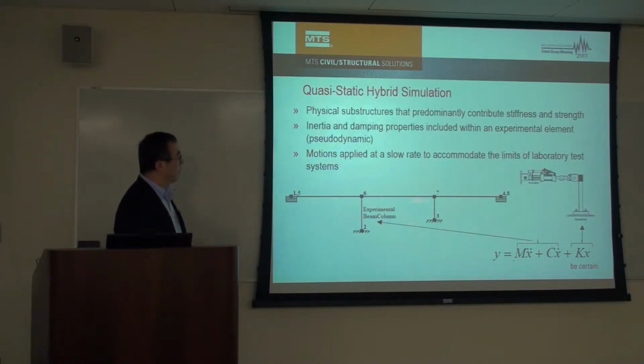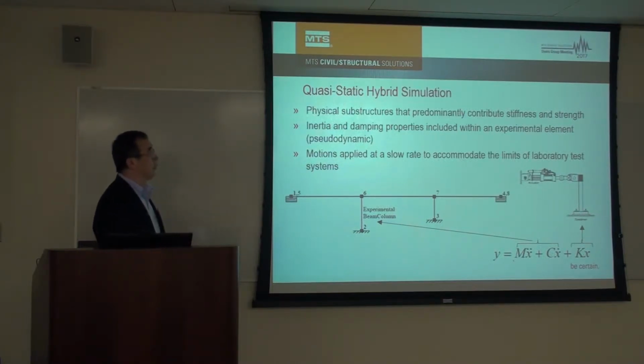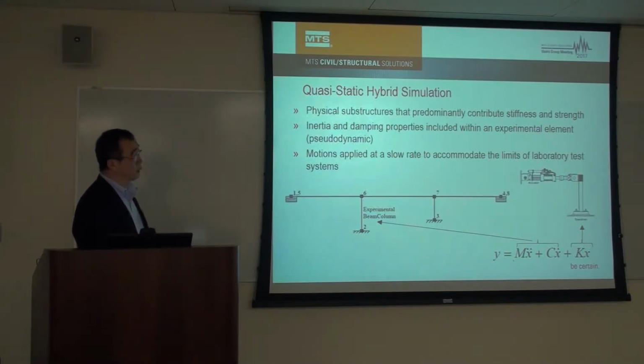For example, in this bridge, we test only one column. If the specimen is rate independent, then we can test this column slowly and provide the stiffness force, and the rest of the terms are provided by the numerical substructure.